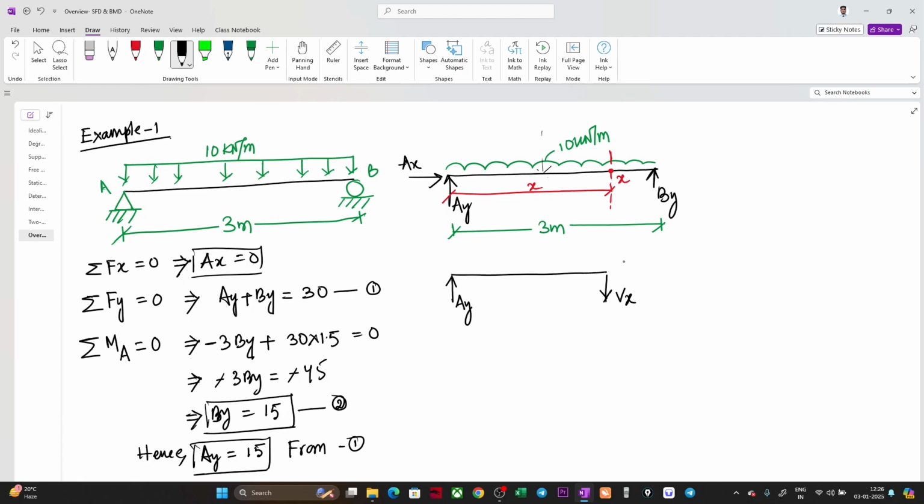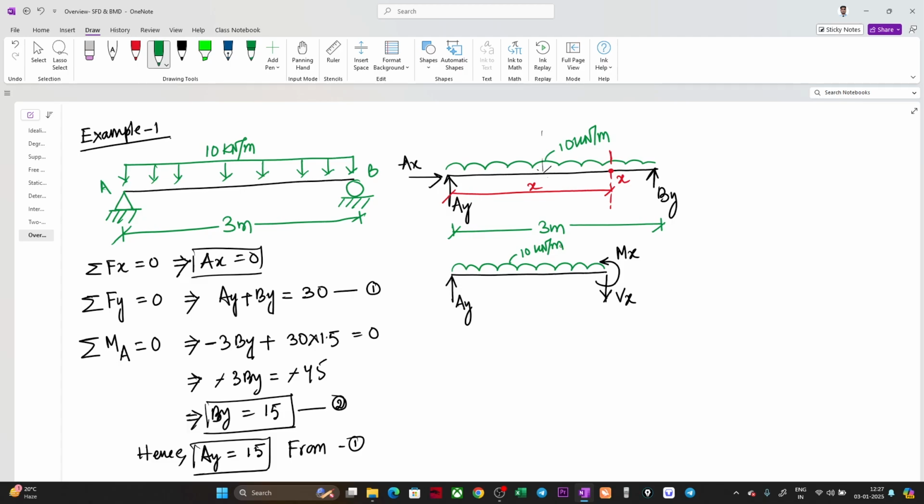Then we will get a moment like this, which I am naming Mx. There is no axial force, correct? And over this we have a load applied, which is 10 kilonewton per meter.